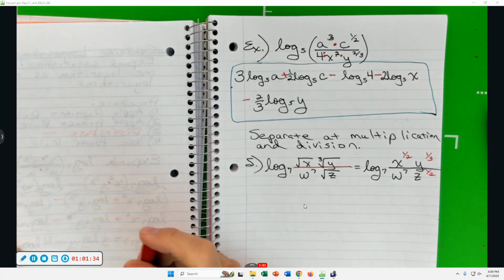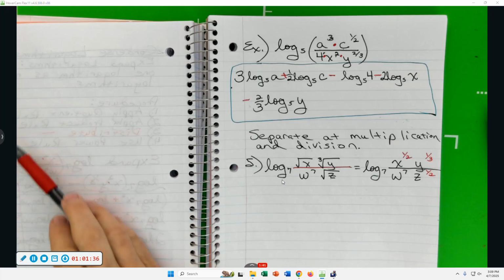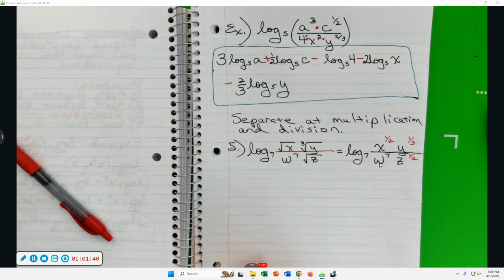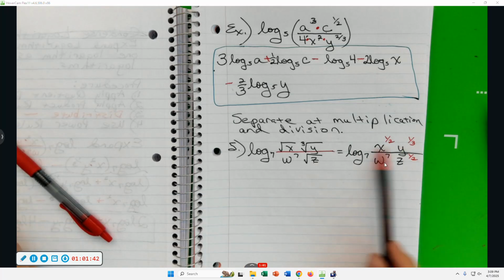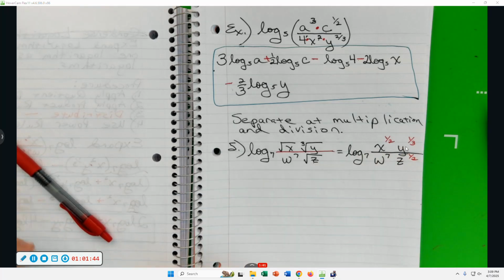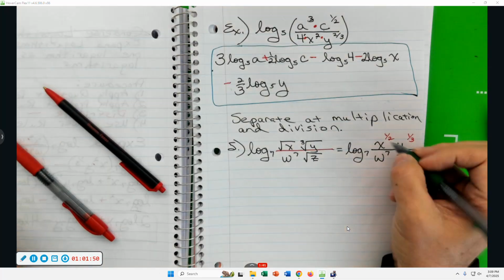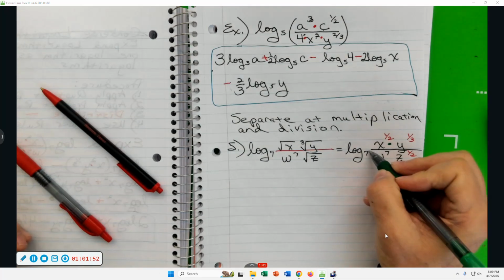How many logarithms will I have in this expansion? How many distinct factors do I have? On top, how many factors do I have? 2, x times y. Now we're moving down.